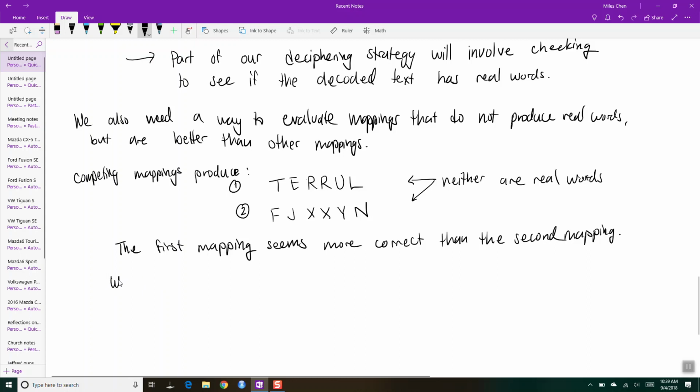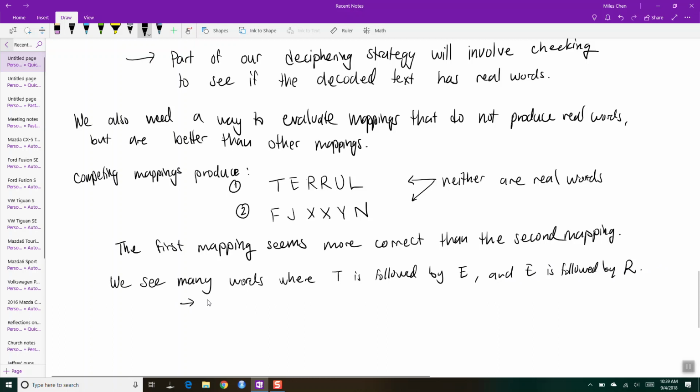So we see many words where T is followed by E and E is followed by R. So this corresponds to a higher probability.